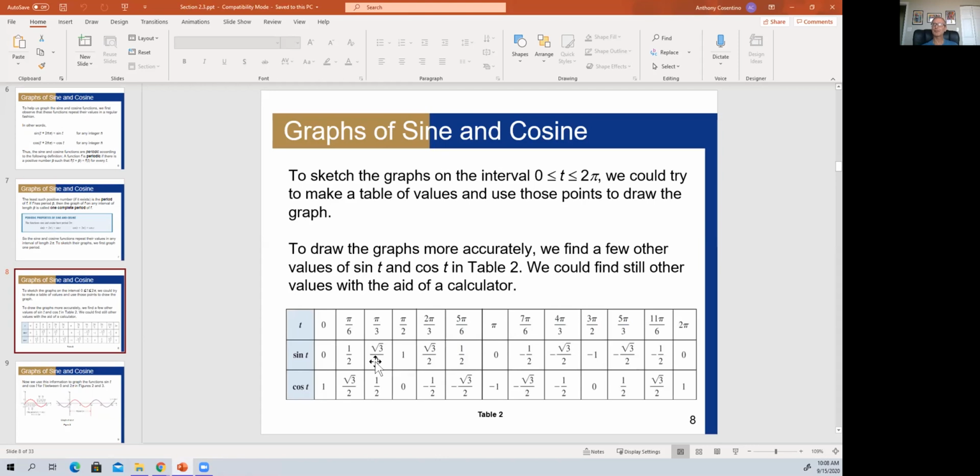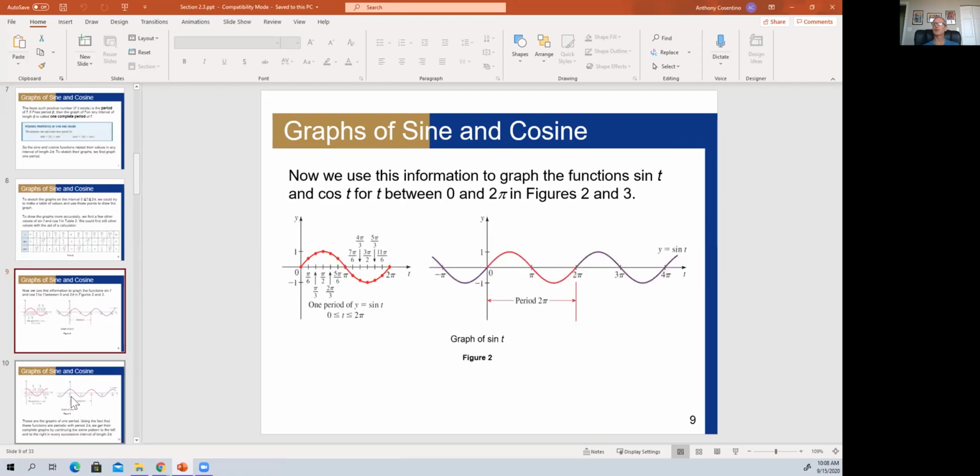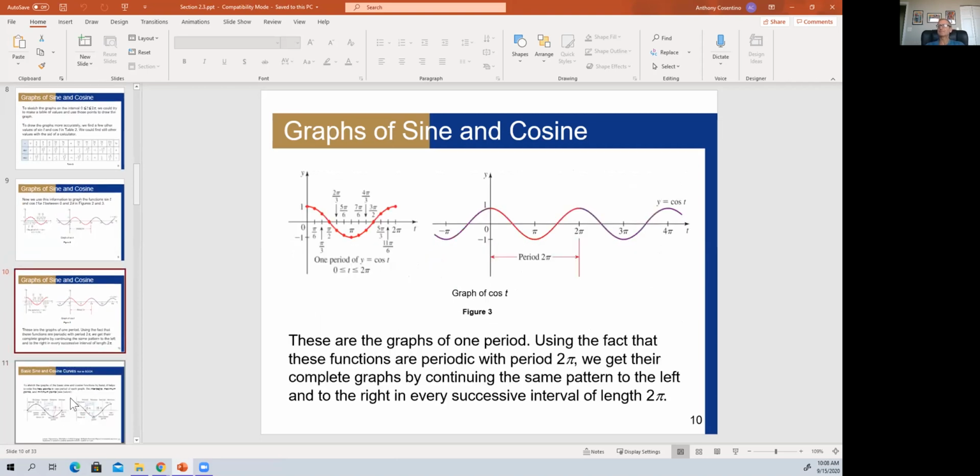If you remember on the unit circle, that value is 1. And so let me show you a couple graphs that are prettier than what I did. But you can see exactly the same. So over the one period, you can see that the first graph here gives you a nice detailed explanation from 0 all the way to 2 pi, splitting up every 30 degrees, or pi over 6. And then you can see the one that I did on the whiteboard is the second one. Here's what the cosine graph looks like.